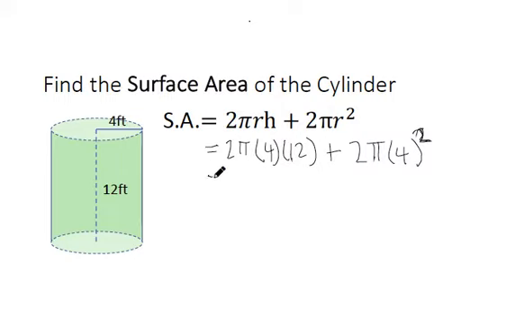Why don't I do that? Let's see. 2 times 4 is 8. 8 times 12 is 96. So on this side, I'm going to end up with 96 pi. And here, let me take the exponent first. 2 times pi, and 4 squared is 16.